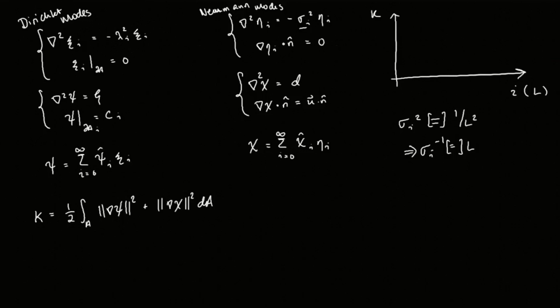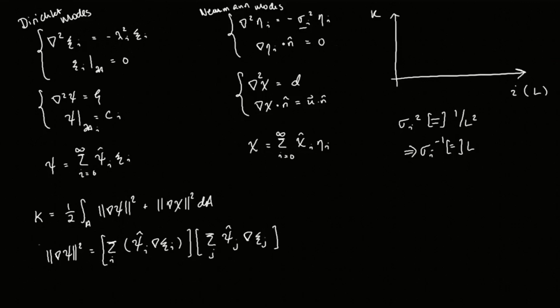So if I calculate grad psi squared, that is going to be the sum over I of psi hat I grad xi I, multiplied by the sum over J of psi hat J grad xi J.